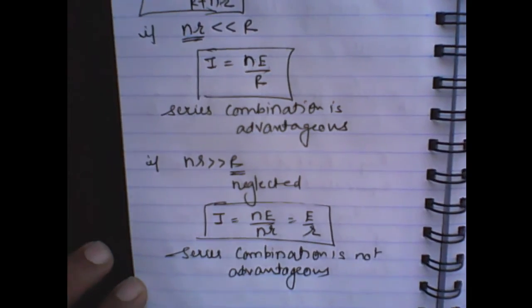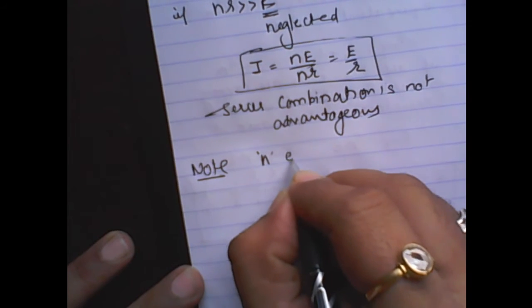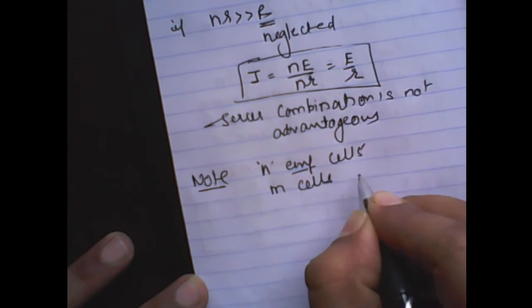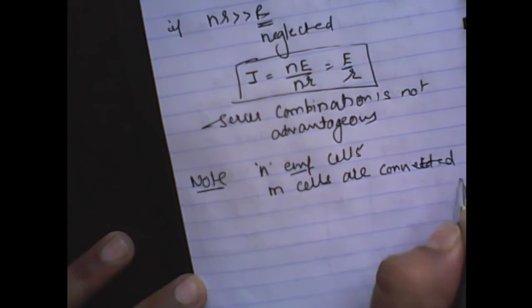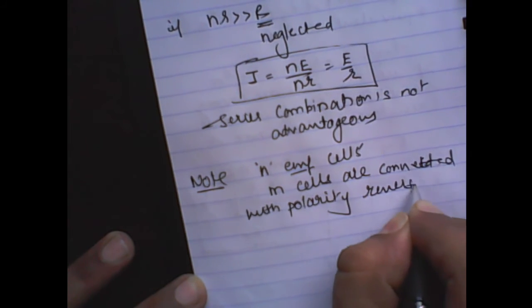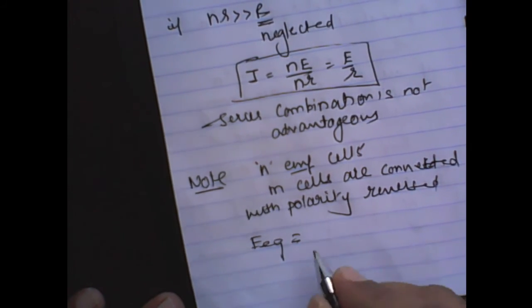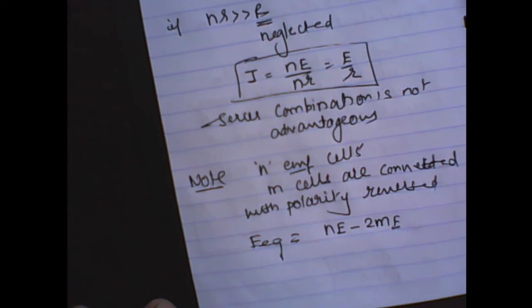Now one note you can write down in this case: if out of n number of EMF batteries, n number of cells, m cells are connected in the opposite direction, that is, connected with polarity reversed, then the total or the equivalent EMF will be nE minus 2mE.